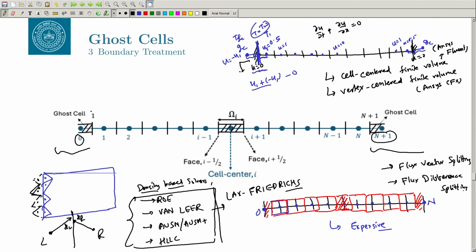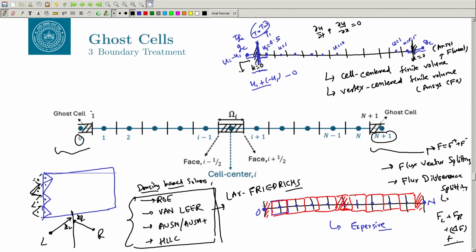The concept is the same: you want to get a unique flux from the left and right reconstructed values. But how to do that? In this case, you can split the F into F plus and F minus. Here what you do is that you take this F L and F R and you will have some flux difference and multiply by some factor.